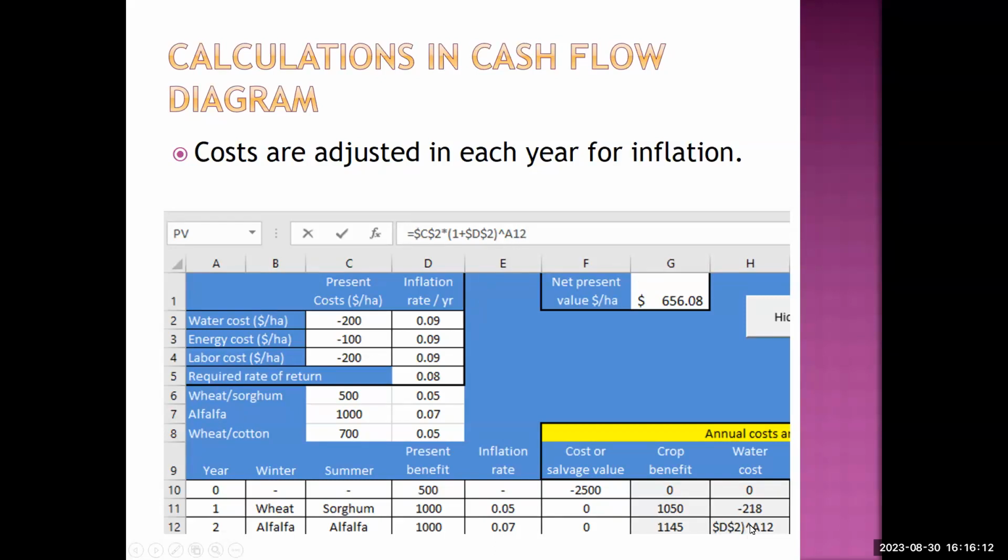The cells refer to the year, the inflation rate, and the cost. Notice I have dollar signs next to the inflation rate and cost, but not next to the year. This way it increases the water cost every year by the inflation rate.